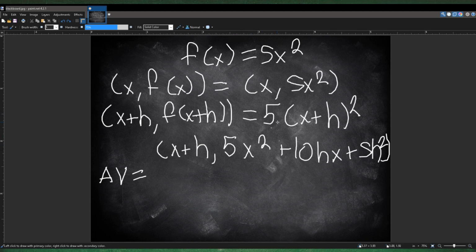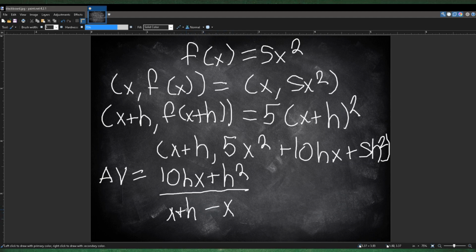The 5x squared terms cancel each other out, and we are only left with 10hx plus 5h squared. On the bottom, the change in x is x plus h minus x, which is just h, because the x's cancel each other out.